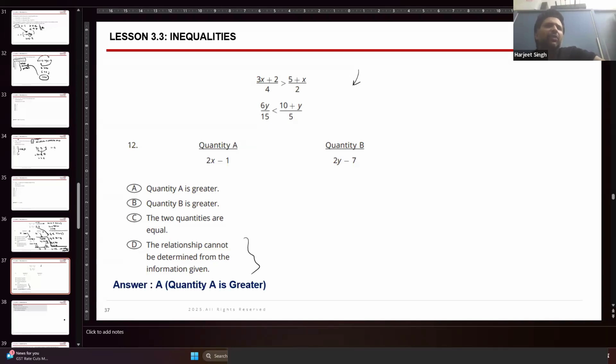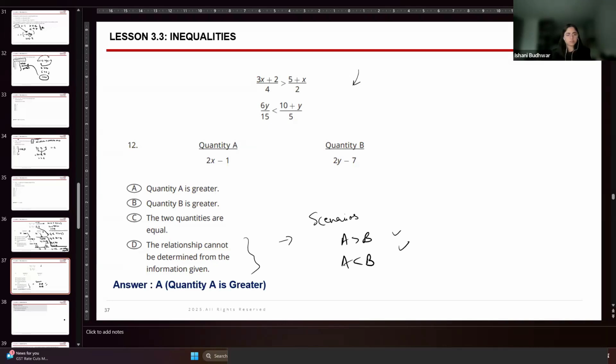And we only select D when we have scenarios where A is greater than B and A is less than B. If we have both the scenarios, then the answer will be D, which means we need at least one scenario of A greater than B and one scenario of A less than B.